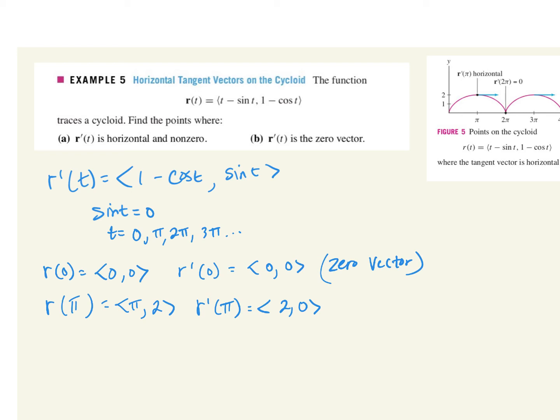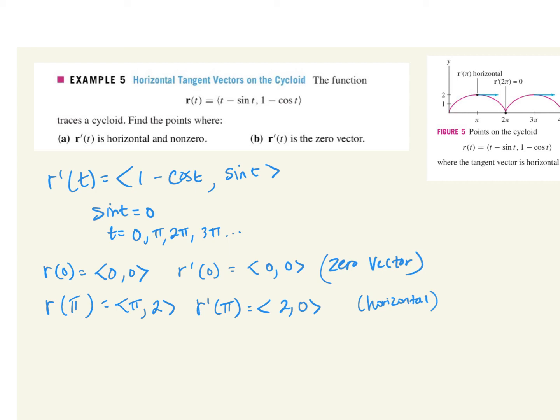But in the original function, the slope of the vector is not 0. Why is that? Like r of pi, the vector still goes at an angle.